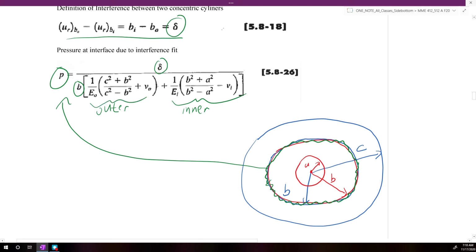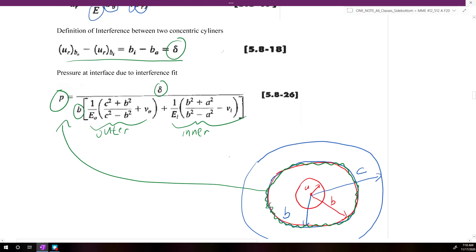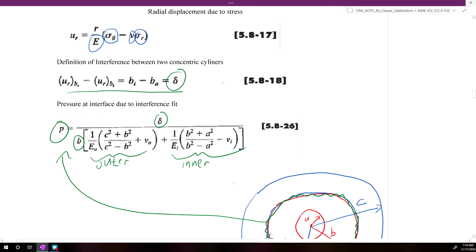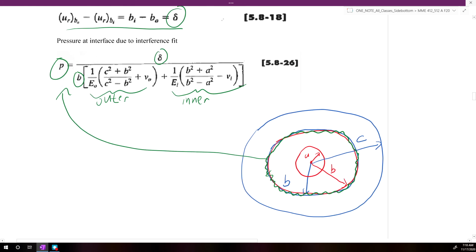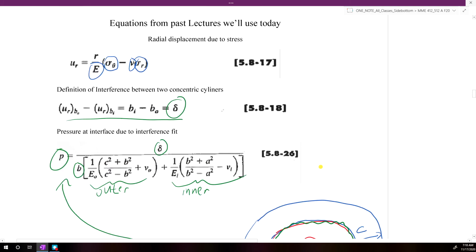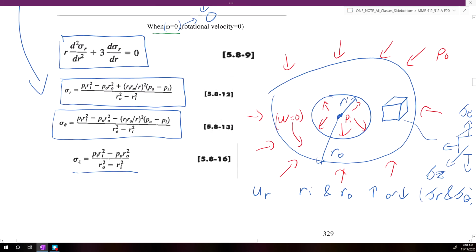If we take these into account, we can solve for the pressure between the two interfaces. Once we know the pressure, we can go back into our stress equations and plug the pressure into our sigma r or sigma theta equation for both the inner and the outer cylinder.